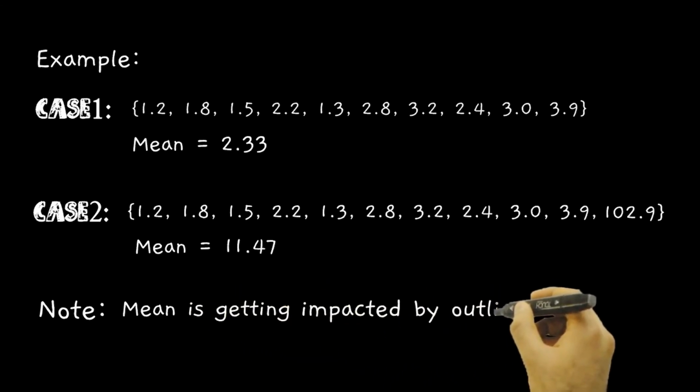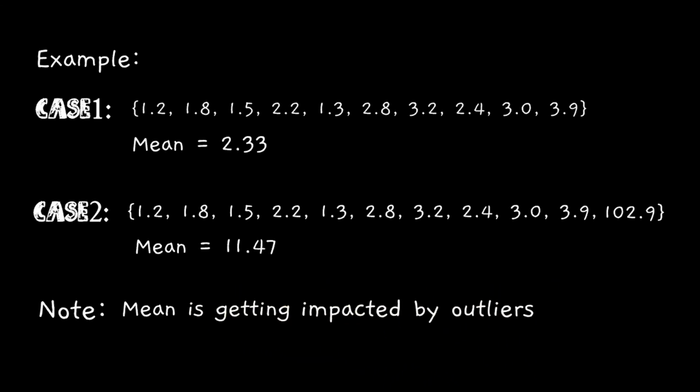While calculating the mean, it uses all the observations, and because of one extreme point, your total or sum becomes large. If we see the formula of the mean, it is the summation of all the observations divided by the total number of observations.